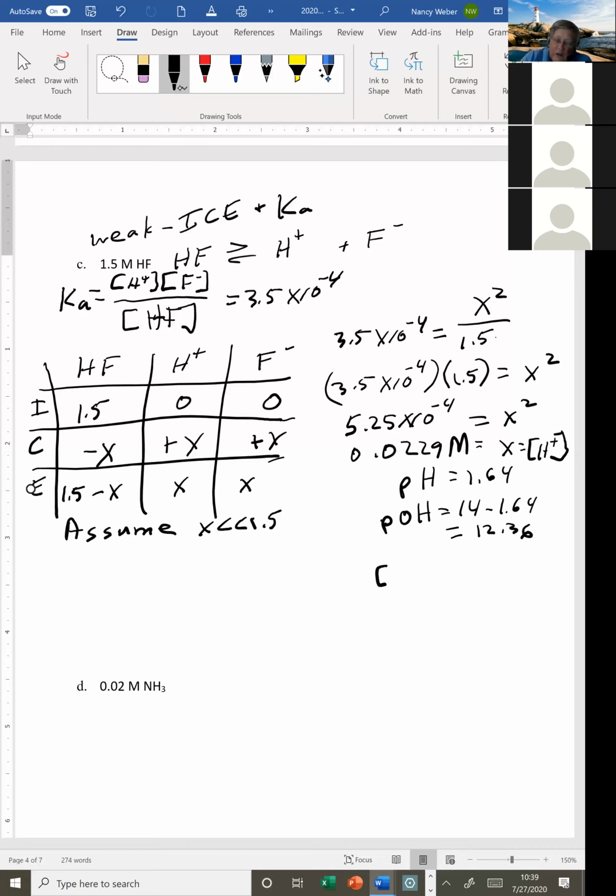And the hydroxide ion concentration equals 10 to the minus 12.36, which equals, let me make more room for myself. 4.37 times 10 to the, wait a minute, did I get that right?